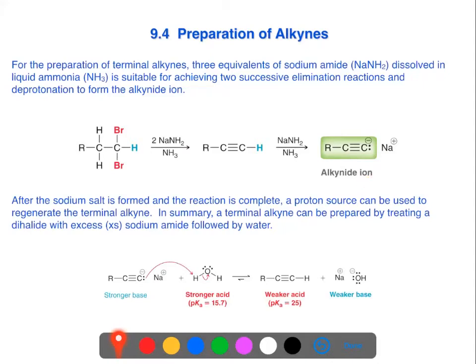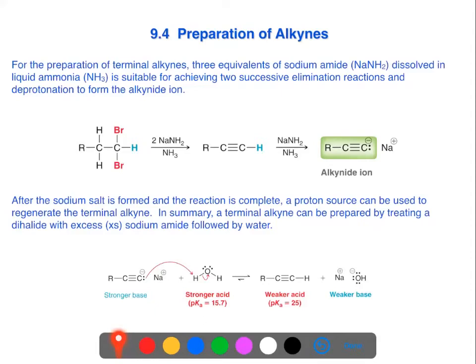So to ensure that there is enough base to go around, to ensure that all of the dihalide fully reacts to this stage, excess sodium amide is usually used. And so at a minimum, 3 equivalents of sodium amide is generally used in this reaction.